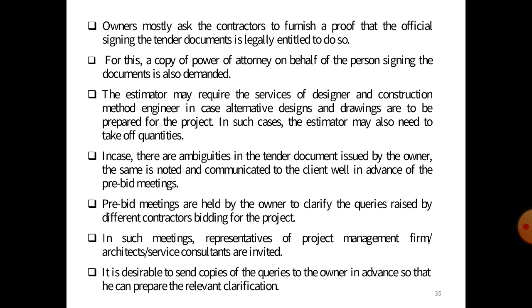The estimator may require the service of a designer and a construction method engineer in case alternative design and drawing are to be prepared for the project. In such cases, the estimator may also need to take off quantities, and in case there are ambiguities in a tender document issued by the owner, the same is noted and communicated to the client well in advance of the pre-bid meeting.